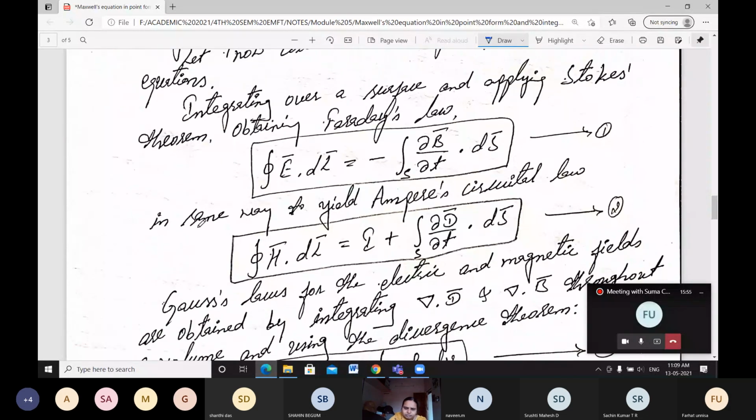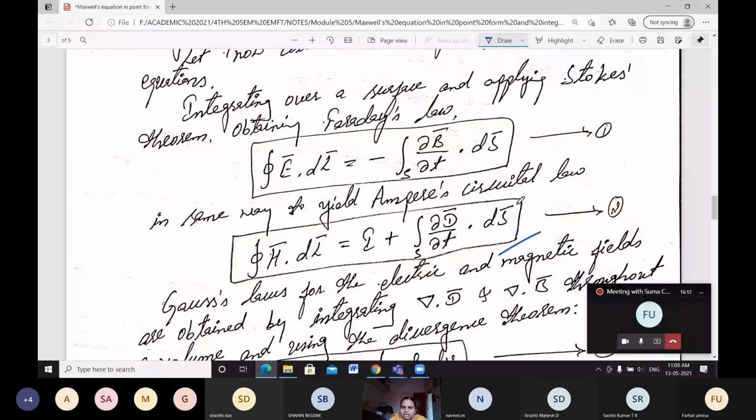In the same way, yielding Ampere's circuital law: the closed integral of H dot dl is equal to I plus the surface integral of dD/dt dot dS. These two equations we already came across previously.